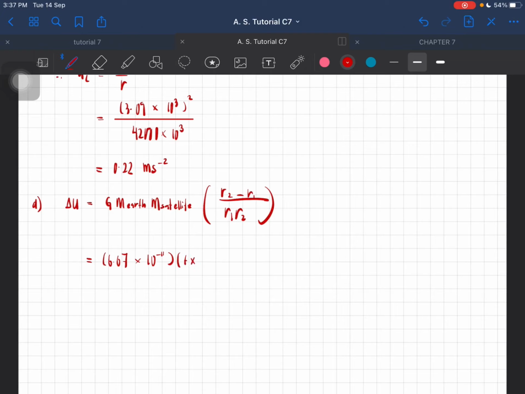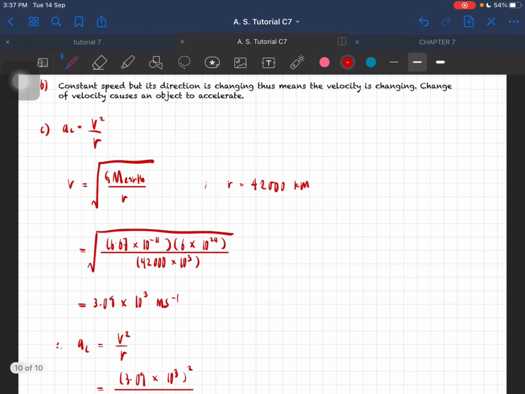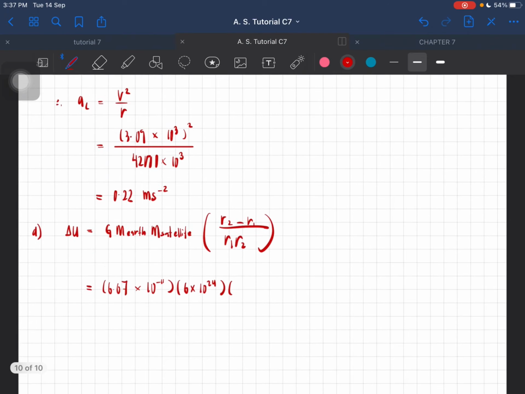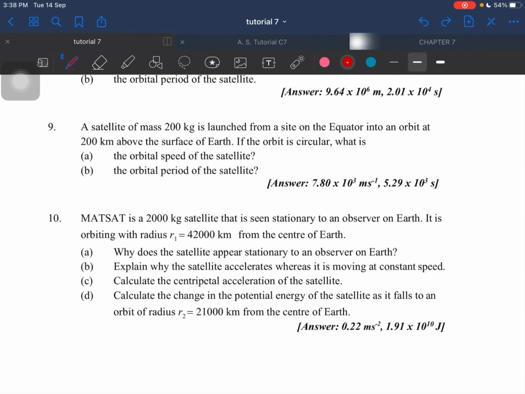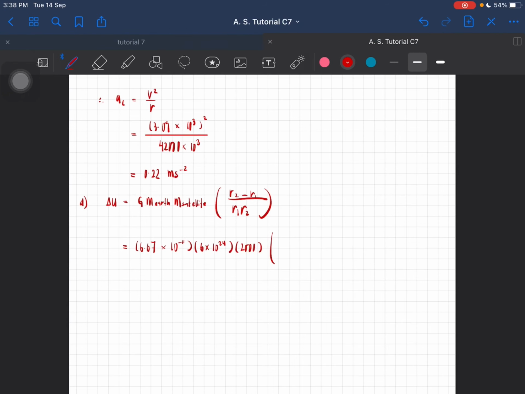Okay, so this one is 6.0 times 10 to the 24. Mass of satellite is how much? Mass of satellite 2000 kilogram. R2 is 21,000 kilometers minus 42,000 kilometers over 40,000.